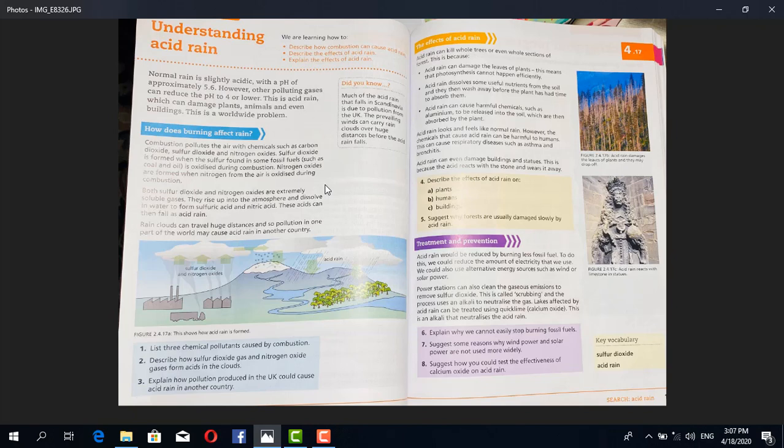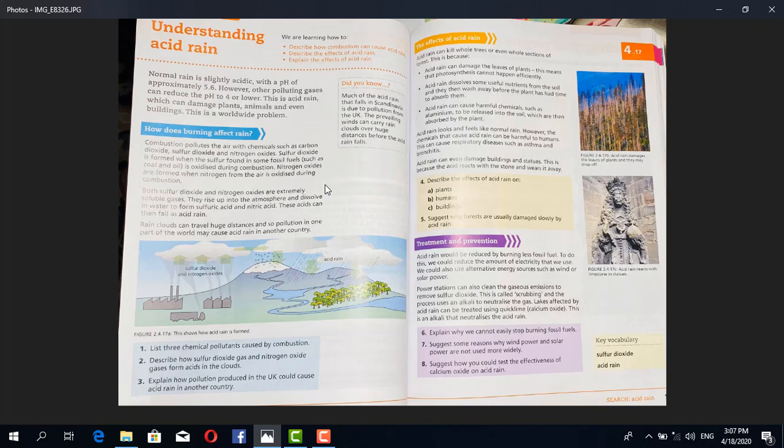Rain in its nature is slightly acidic. When I say slightly, that means it's acidic in a small amount. But when it meets these gases, which are soluble in water, the rain increases its acidity, leading to a fall of acid rain onto the environment.